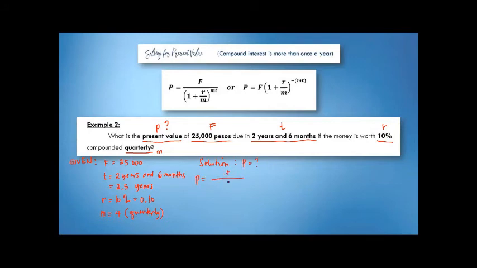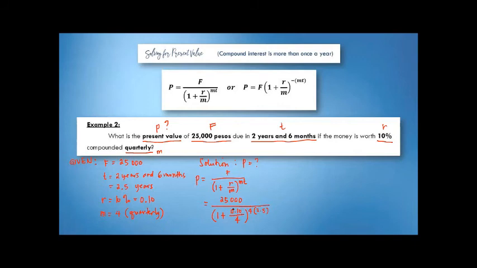P is equals to F over the quantity of 1 plus R over M raised to M times T. Substitute natin. We have 25,000 pesos divided by the quantity of 1 plus 0.10 divided by 4 raised to 4 times 2.5.